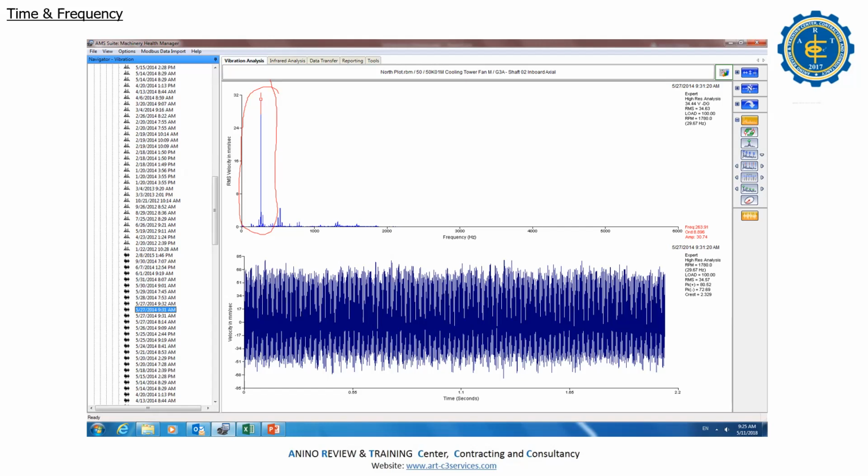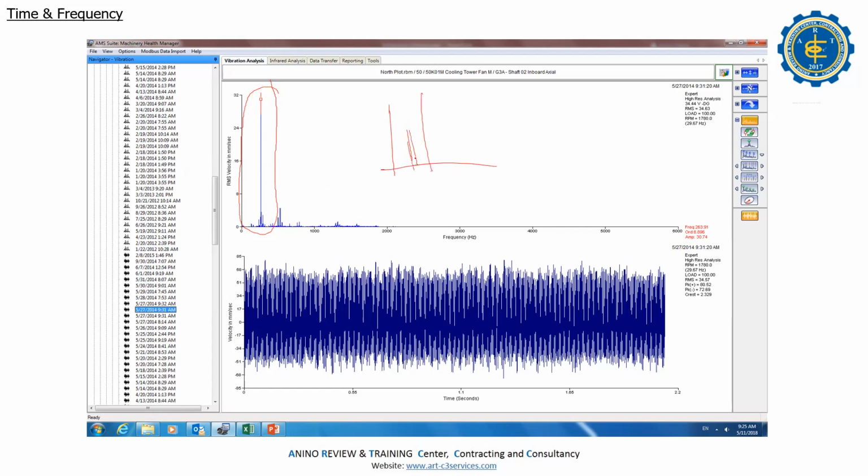That's the problem with the fan. You must monitor every day, every high vibration, and then go to low vibration. Sometimes in Saudi Arabia, sometimes in the fan, when it is hot, sometimes it goes misaligned.